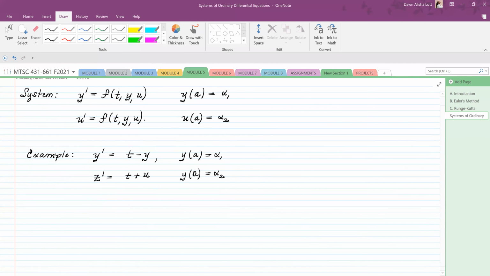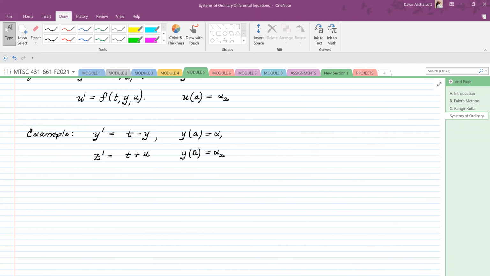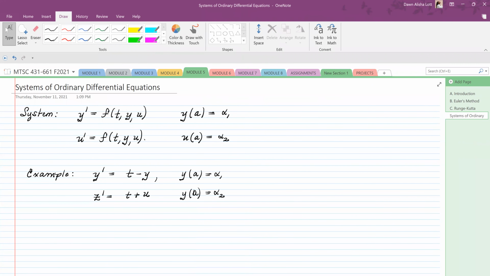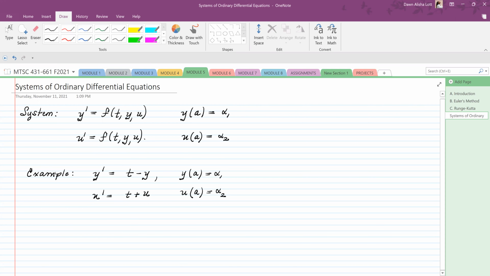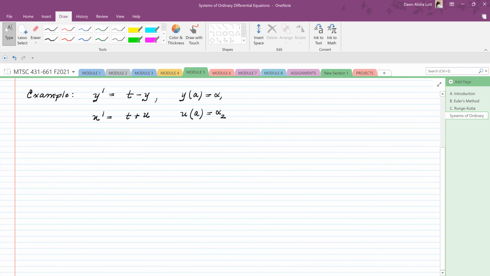Okay, so we do it at the same time. This is supposed to be a u, but I don't know why I keep writing a z.